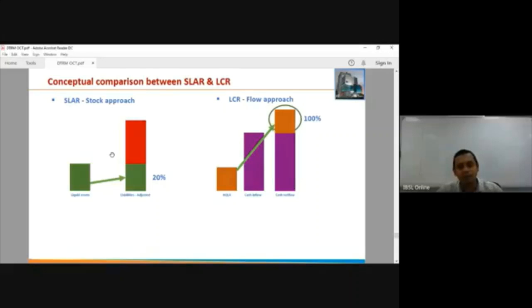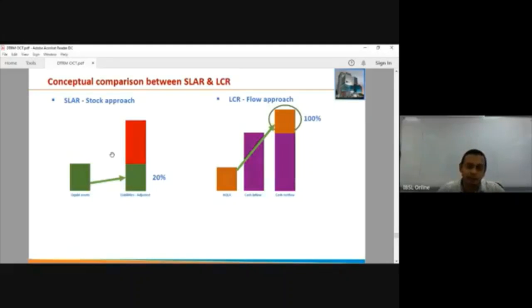Now we move to the second kind of regulation on liquidity. This is coming from the Basel III framework, and it was implemented in 2015. As I said last week, after the 2008 financial crisis, regulators all over the world and also the Basel Committee realized that banks need to manage liquidity.